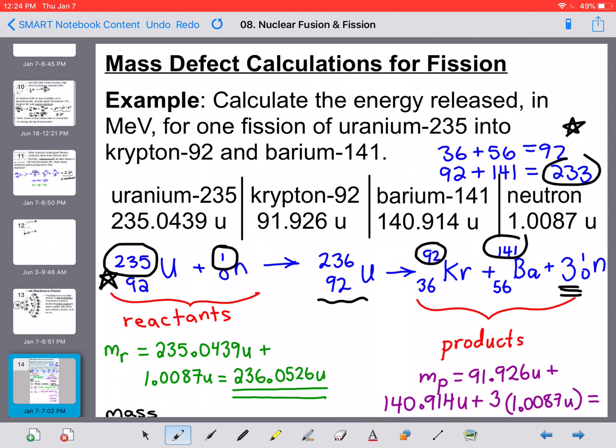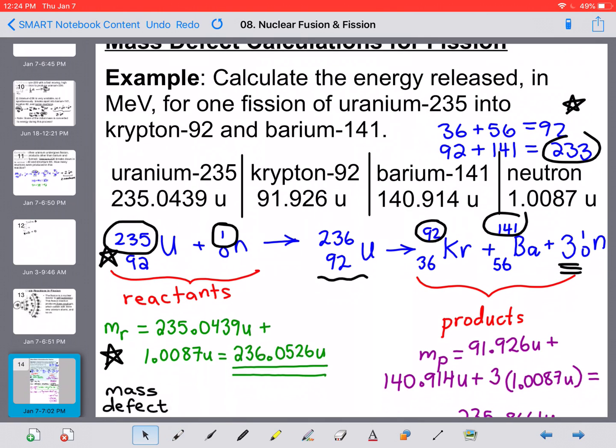What you do if you're doing a mass defect calculation is you calculate the mass of the reactants. So here's me calculating the mass of the reactants. I'm just doing the mass of the uranium-235 plus the mass of 1 neutron, and that gave me 236.526 U. Then I also calculated the mass of the products.